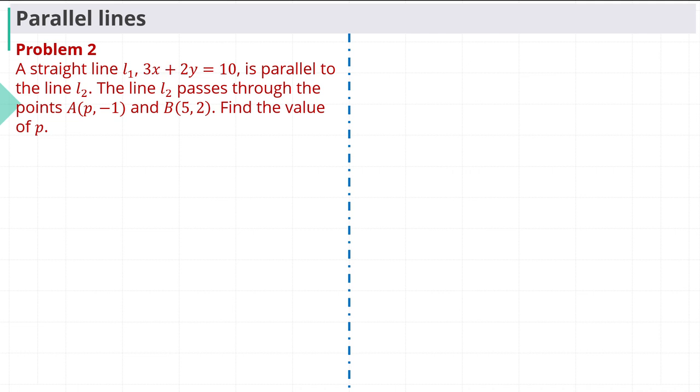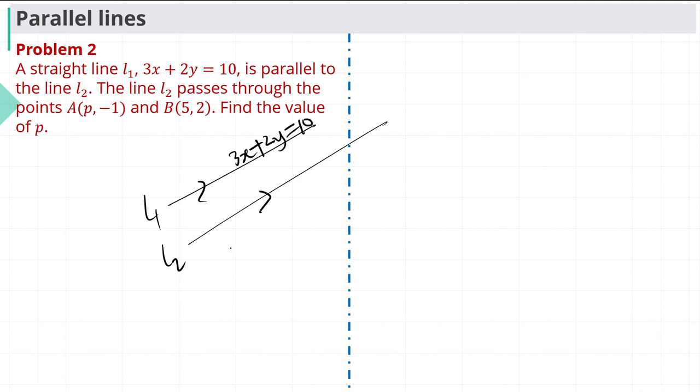The next question. A straight line L1 having the equation 3x plus 2y equals 10 is parallel to the line L2. The two lines are parallel.